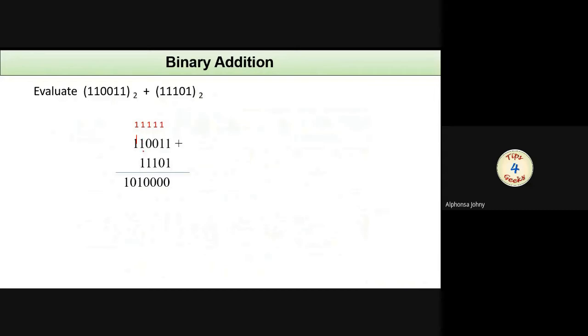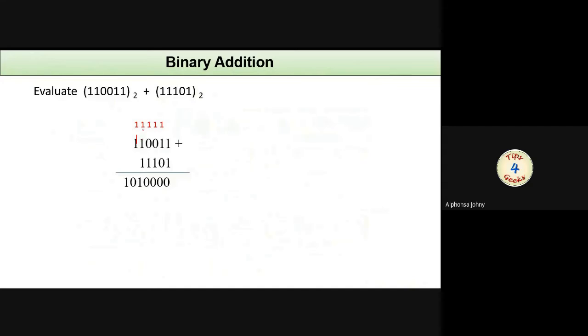Here two ones. 1 plus 1 is equal to 0 with a carry, that is forwarded to the next higher bit position, plus 0 plus 1. We have to add the previous carry from the previous step. So 0 plus 1, the answer is 1. So I think it's clear to you. That is 1 plus 1 equal to 0 with a carry 1, that is forwarded to the next higher bit position. Presently, here the value is 0.